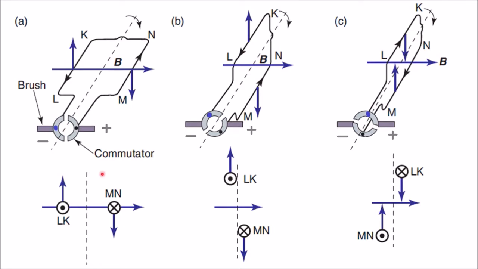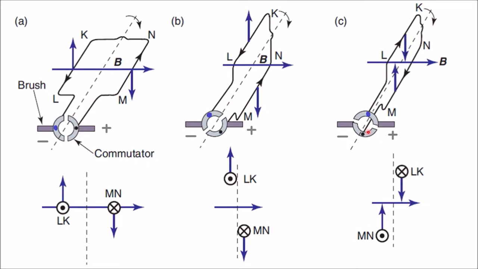So the idea is very simple. If I continue on using my right hand rule for scenario C, LK is going into the page. The magnetic field in this example is going to the right hand side, okay?